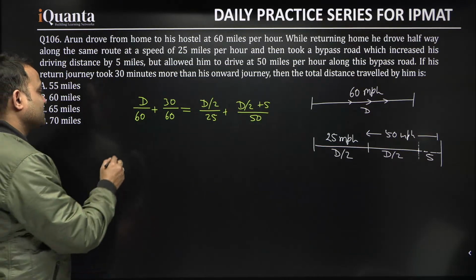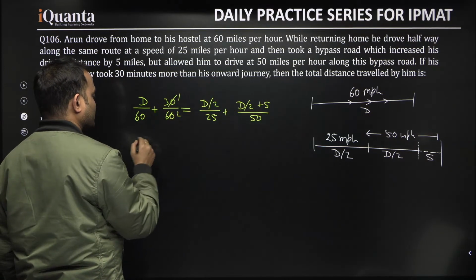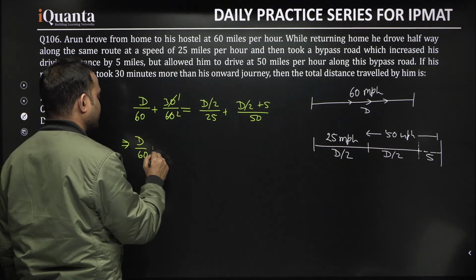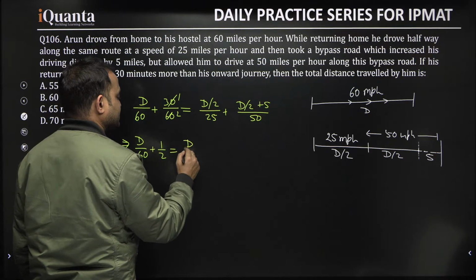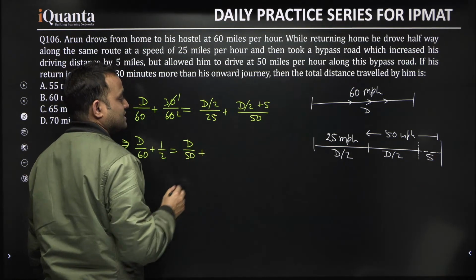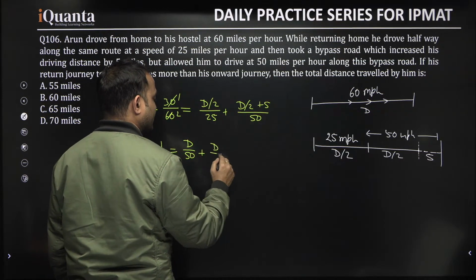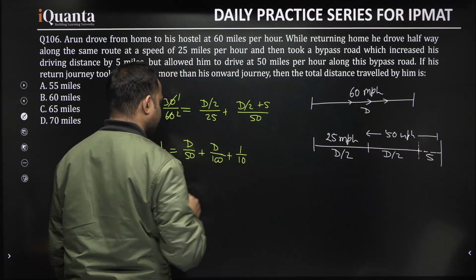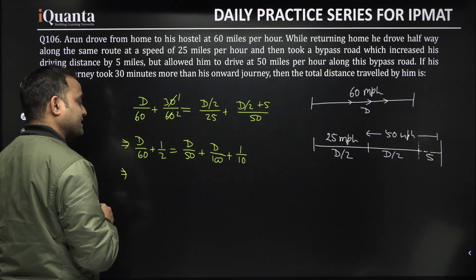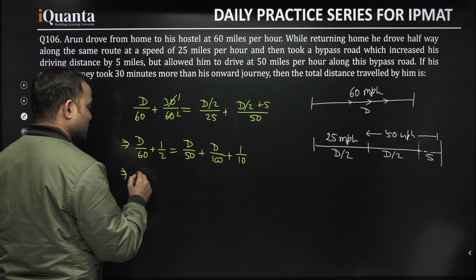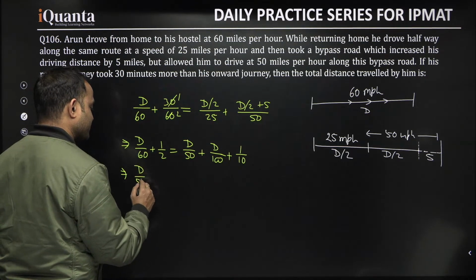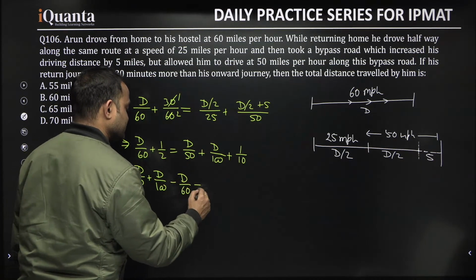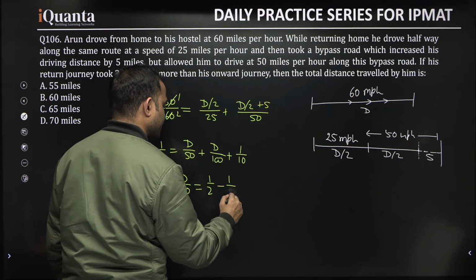Is it not? Tell me. So this will be 1 by 2, we can say d by 60 plus 1 by 2 is equal to d by 50 plus, this will become d by 100 plus 5 by 50, so 1 by 10. Now let's bring everything on one side. So d by 50 plus d by 100 minus d by 60 is equal to 1 by 2 minus 1 by 10.